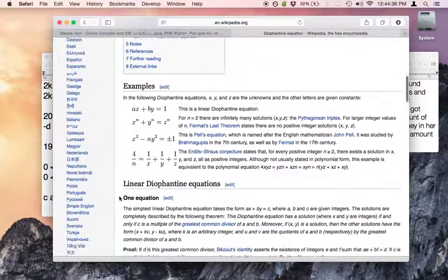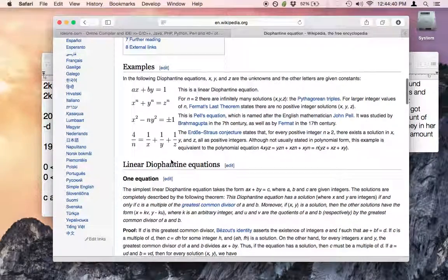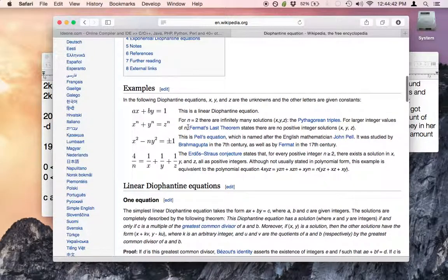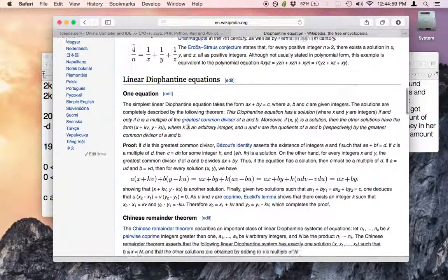Now, there's a lot of information in this article, different types of equations and how to solve them. An interesting side note here is that Fermat's last theorem is in the same family and wasn't solved for over 350 years after Fermat first mentioned it. And it was only solved in the mid-90s. But let's see here.